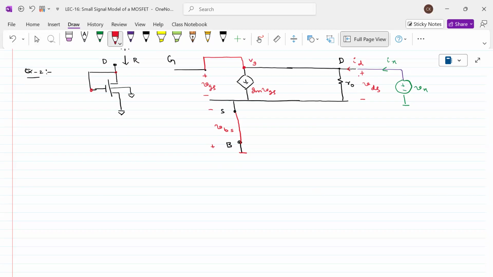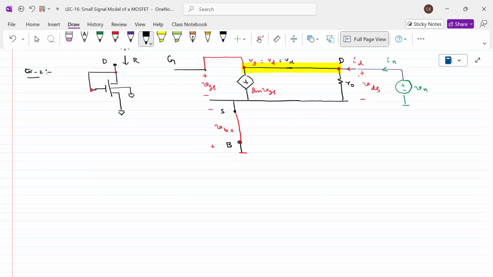This potential is also the drain potential. This entire thing we can call the drain terminal. According to the connection, drain and gate are shorted together, which is why the gate potential is equal to the drain potential. At the same time, you can see Vx is also available here. It is Vx only.